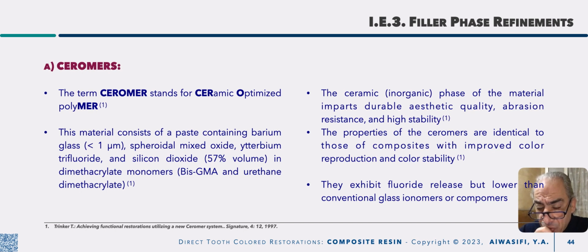Then you are adding a special ceramic filler that has a durable aesthetic quality and abrasion resistance, and you are not in need of adding many color modifiers in your resin.